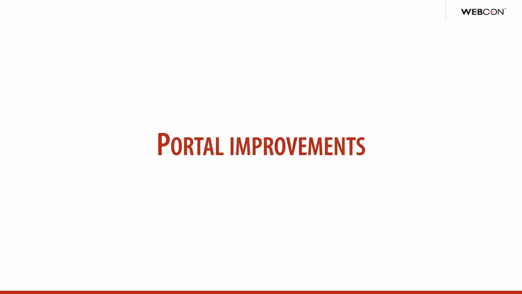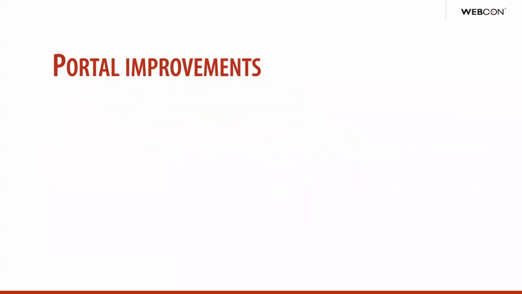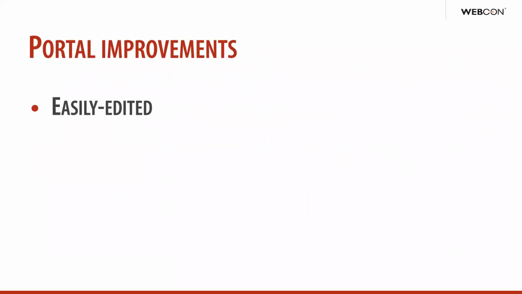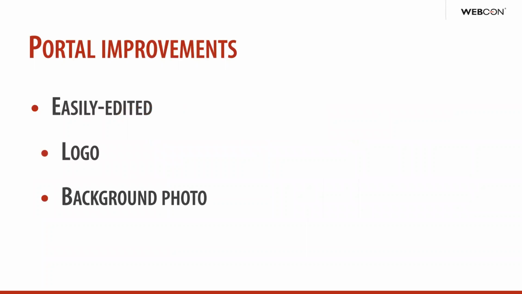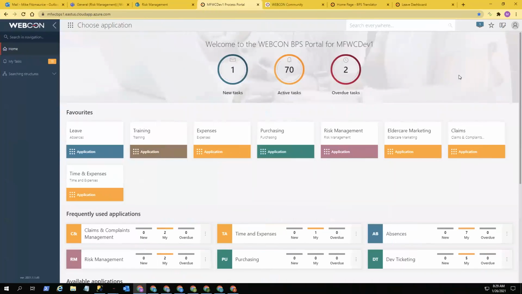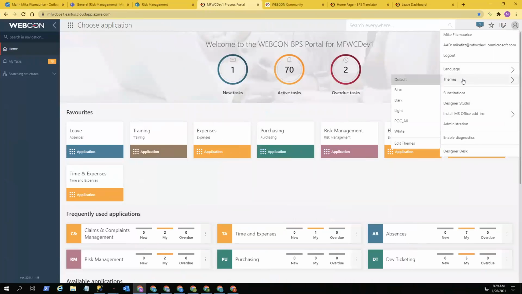We improved the portal in many ways too. Not the least of which is it's now more easily edited, and like the logo is much easier to change. The background photo is much more easily changed. How about, yeah, here, let's just jump into it. You do these changes through themes.